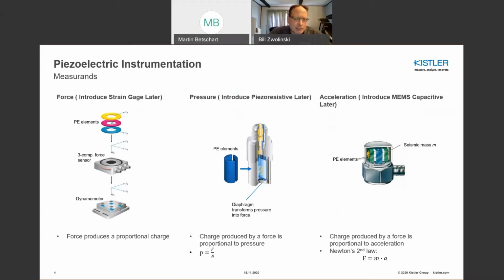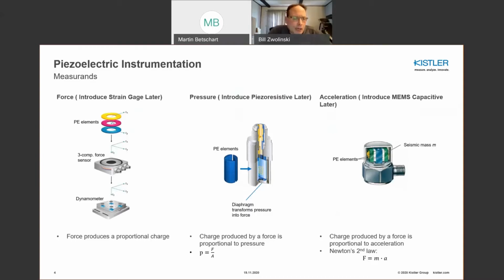And we'll touch upon what a force dynamometer is a little later. But fundamentally, as you stress this crystal sensor, you get a charge that's proportional to force, and that sensor is calibrated obviously for force. And you get a calibration certificate with picocoulomb per Newton or picocoulomb per pound, if you will.